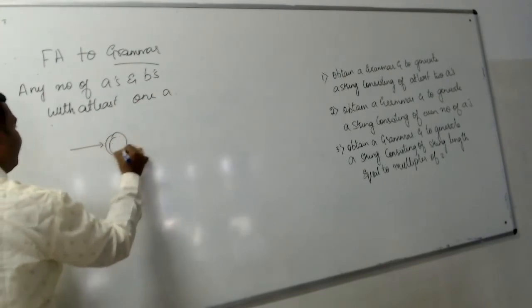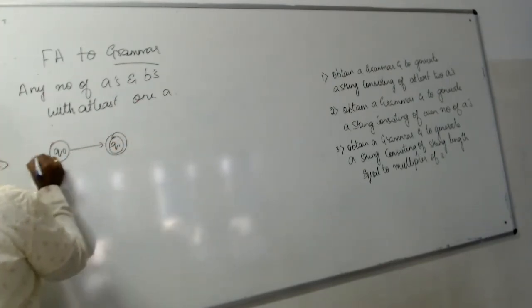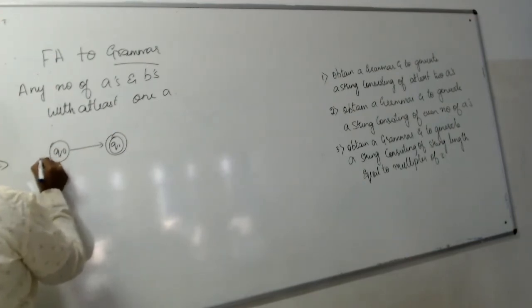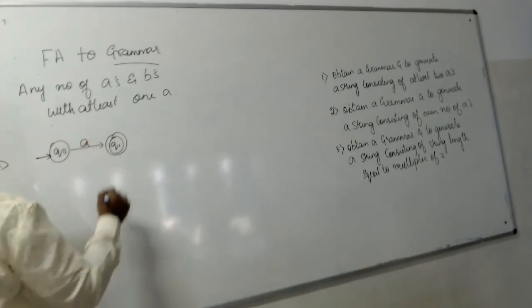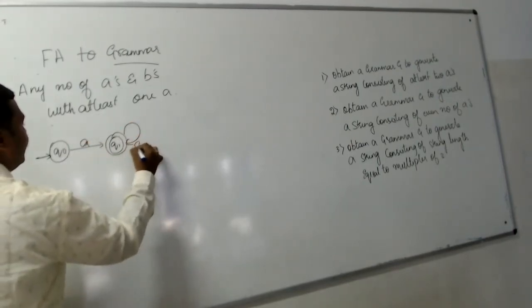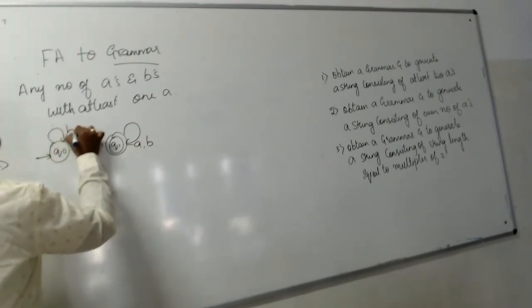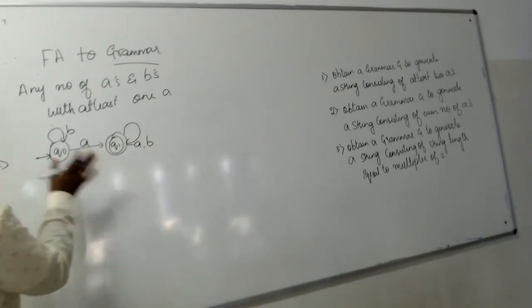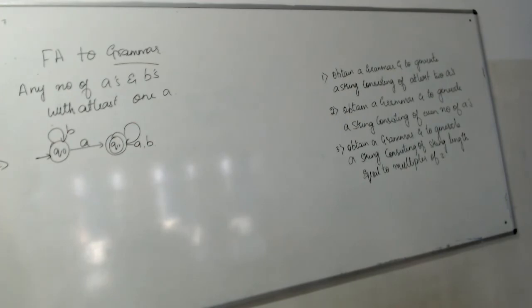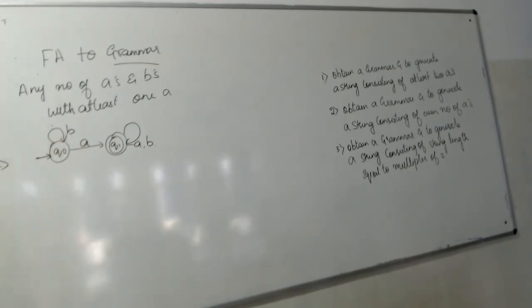So this will be my final state. Q1, Q0, and starting state. And this is A, and any number of A and B. Any number of B's in the beginning. Right. Correct. So if you are capable of drawing your DFA, then it's easier to generate your regular grammar.